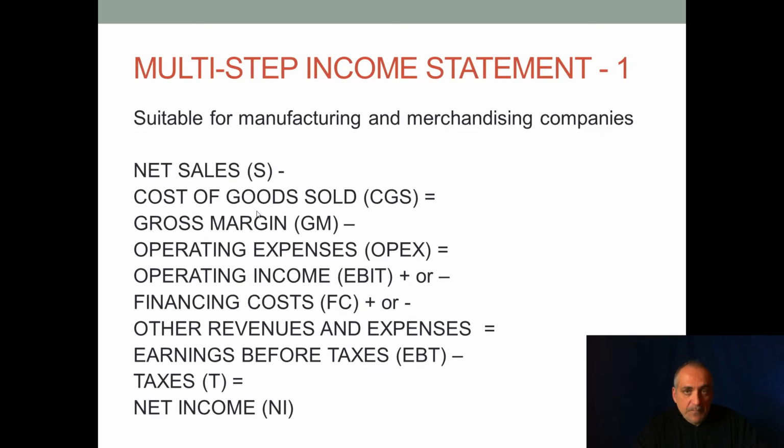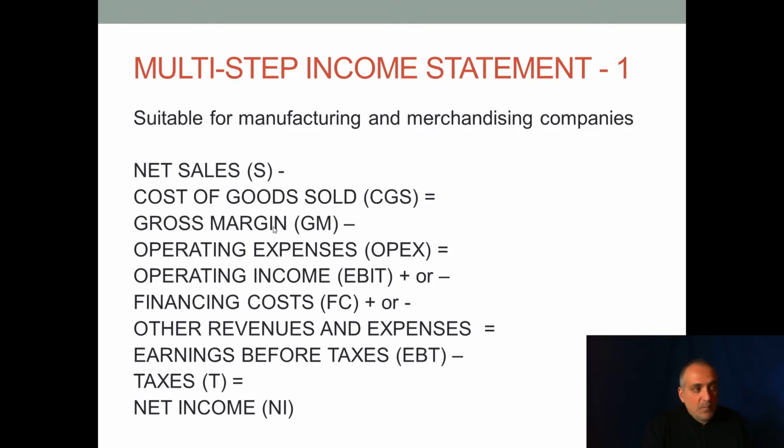For example, we have net sales minus the cost of the goods that we produced and sold, and we get the gross margin, which is the classical indicator that we use, and we all know that for industrial companies this is a critical element in determining the potential profitability of the business.